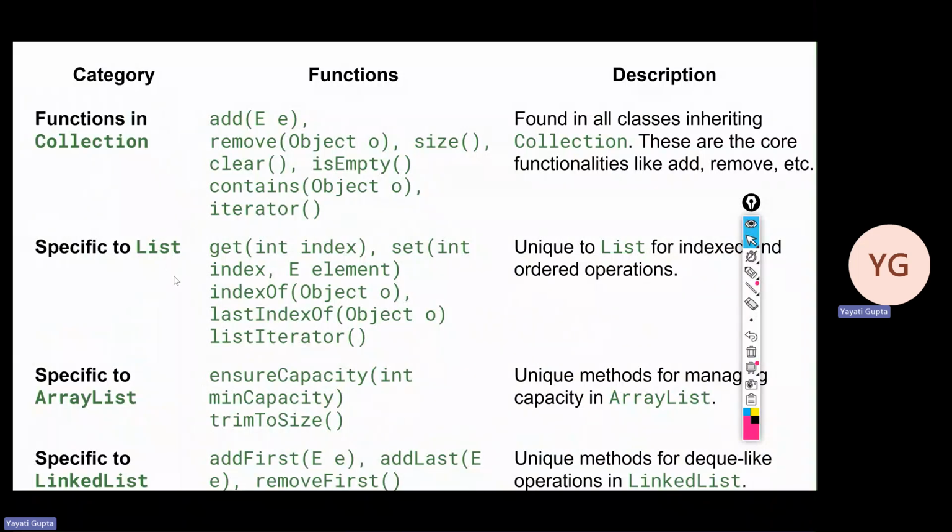It's also defining certain methods. Now you see it has a method called get(int index). If you provide an index, it will return the element at that index in your particular collection. Why is this method not there in the collection? This get method is not specified in the collection interface, but it is specified in the list interface.